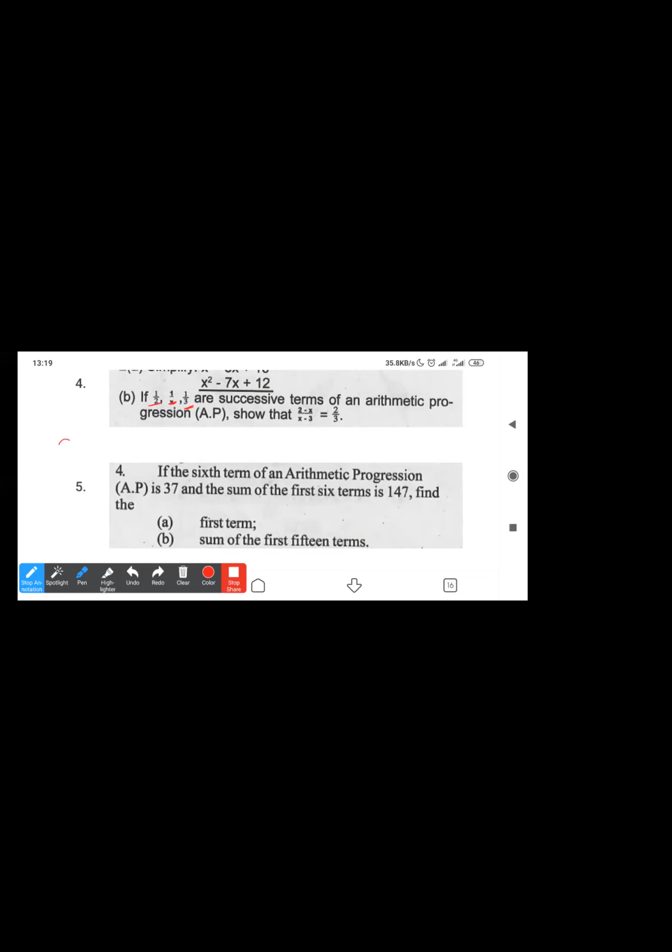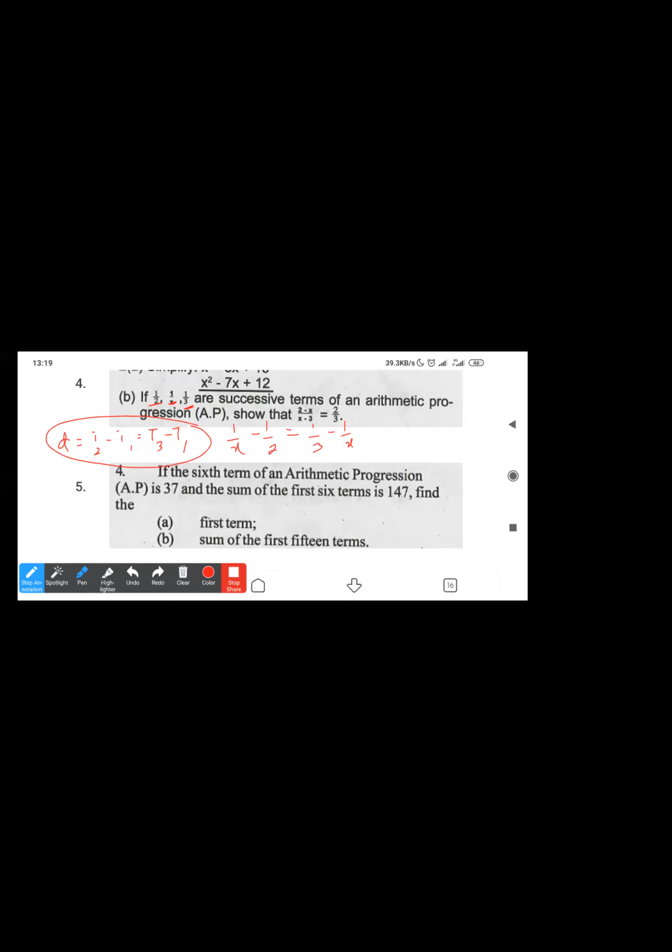If you want to find the common difference here, T2 minus T1, that's what you can do. You just do 1/x minus 1/2, which will be the same thing as 1/3 minus 1/x. What is the LCM?